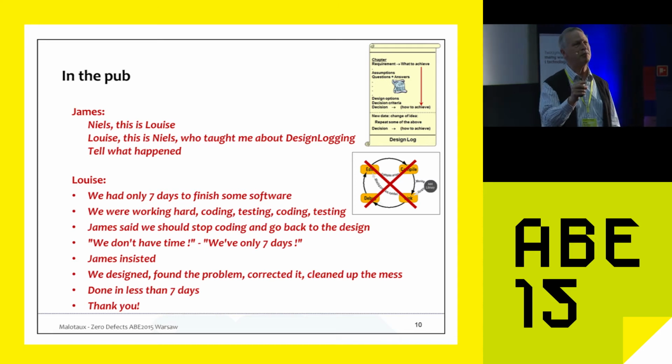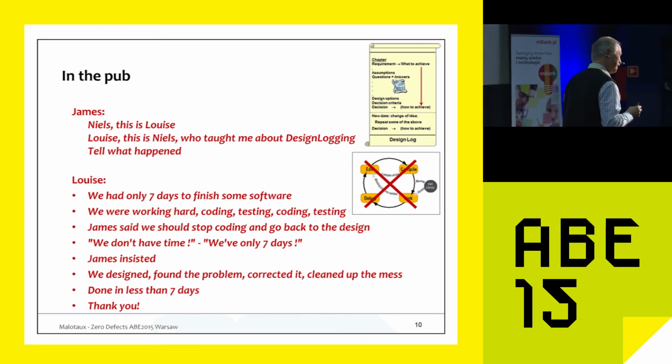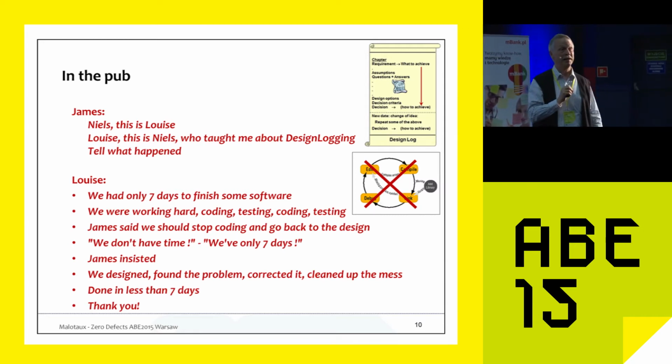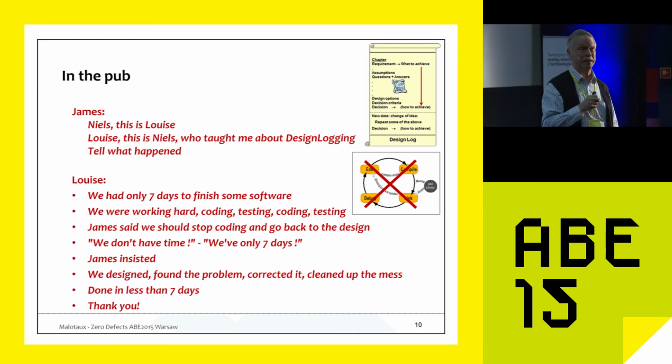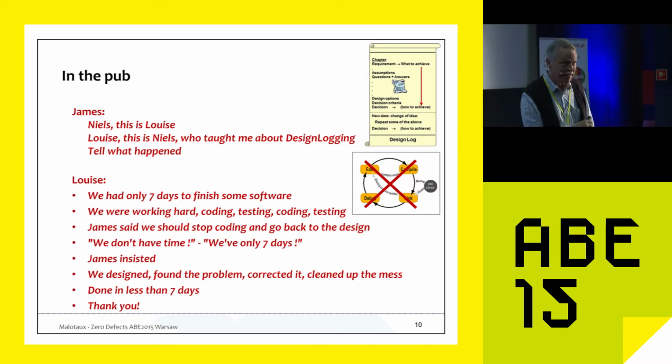Usually that means reproducing the design from what you're coding. Anyway, she did that. She said, within half an hour we found the flaw. We did it properly. We cleaned up the mess we introduced by coding, testing, coding, testing, coding, testing.